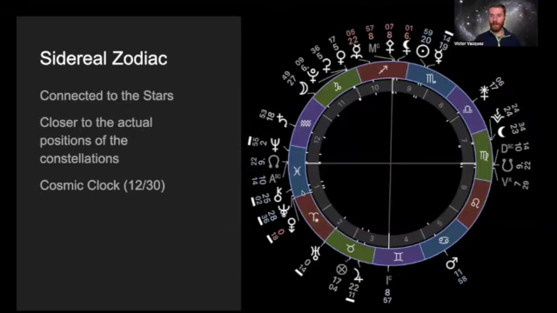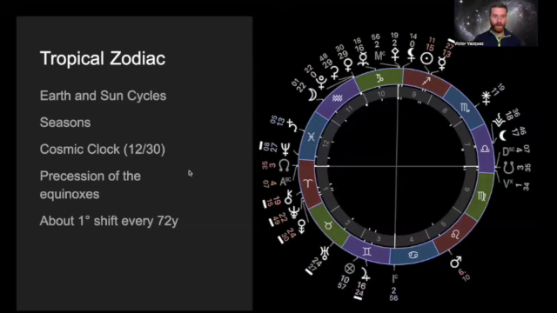So the difference is that since this is connected to the seasons and the cycles, going back to the tropical, the seasons and the cycles of the sun, it begins at 0 degrees of Aries, the beginning of the zodiac, with the spring equinox in the northern hemisphere, which relates to the autumn equinox in the southern hemisphere.